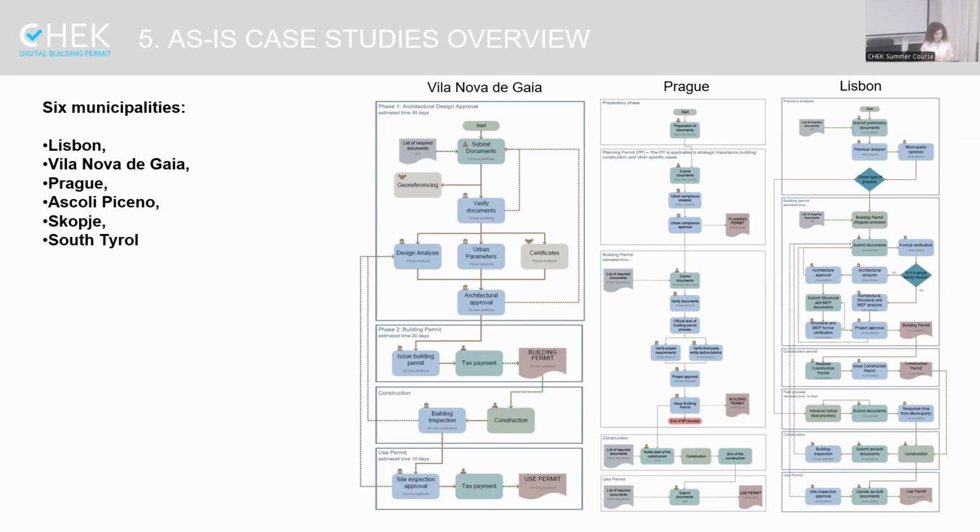The first four municipalities are partners of this project. I think you have also uploaded these process maps in the platform, so you can open and see more in detail.